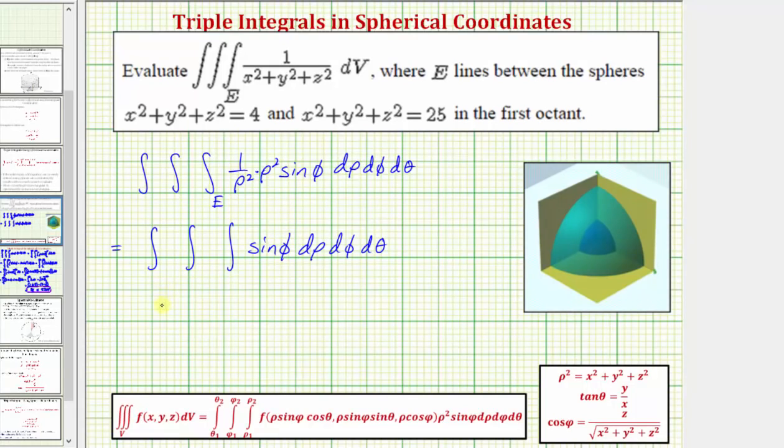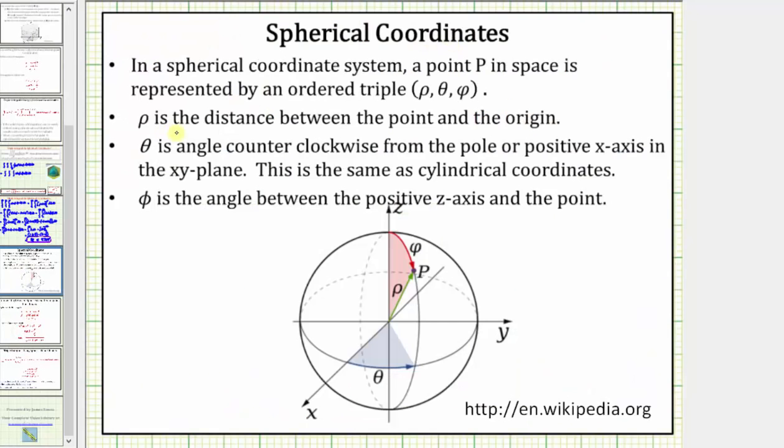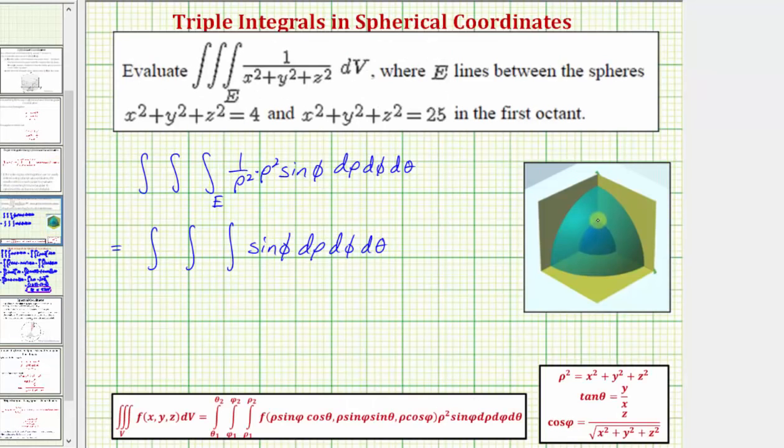Now let's determine the limits of integration for rho. For review, in spherical coordinates, rho is the distance between the point and the origin. Notice rho is labeled here on our graph. So to help us determine rho for the region E, we need to consider this distance here between the two spheres.